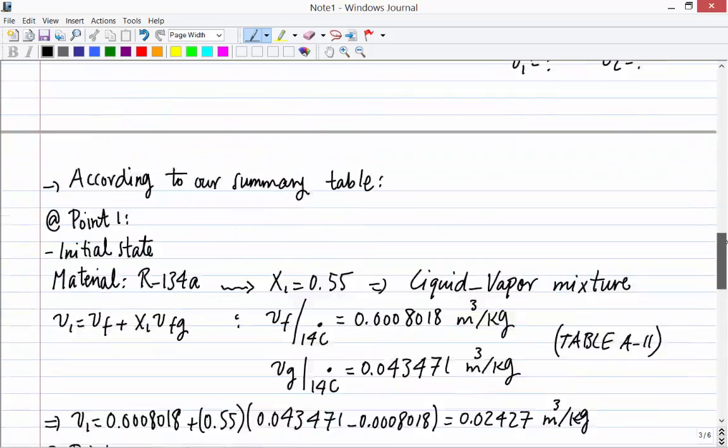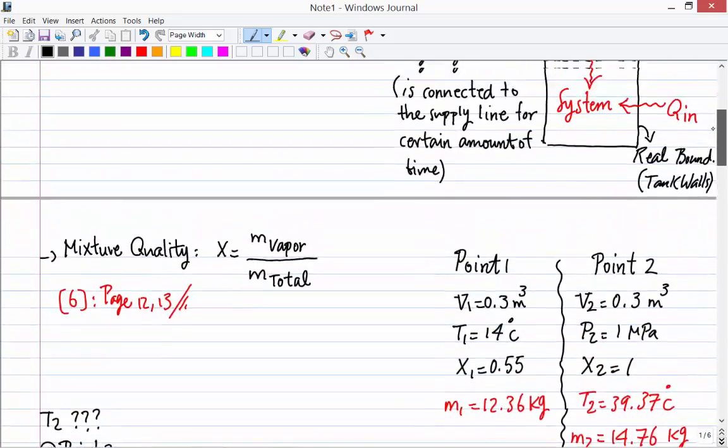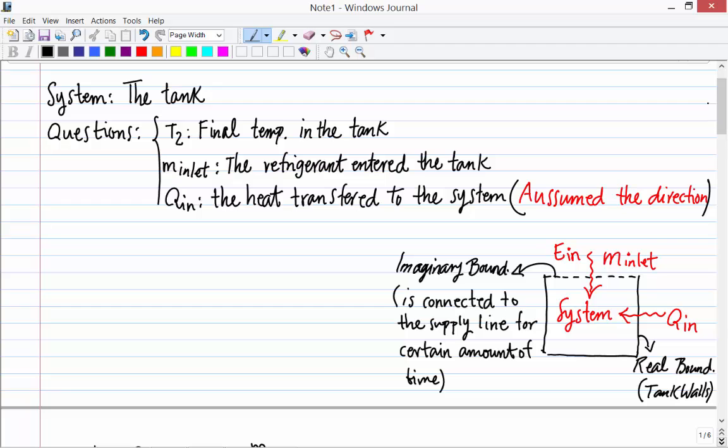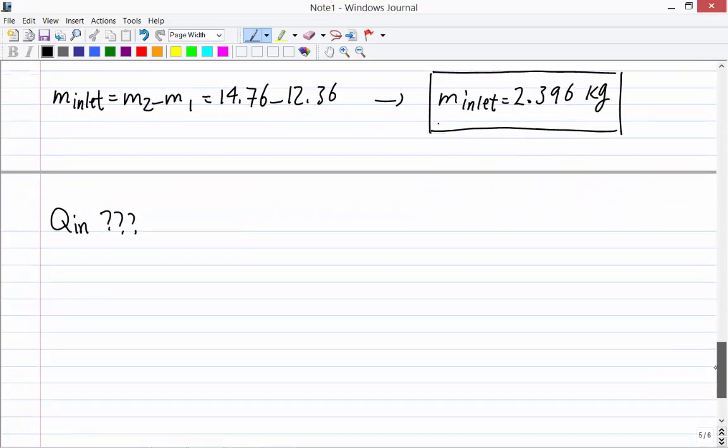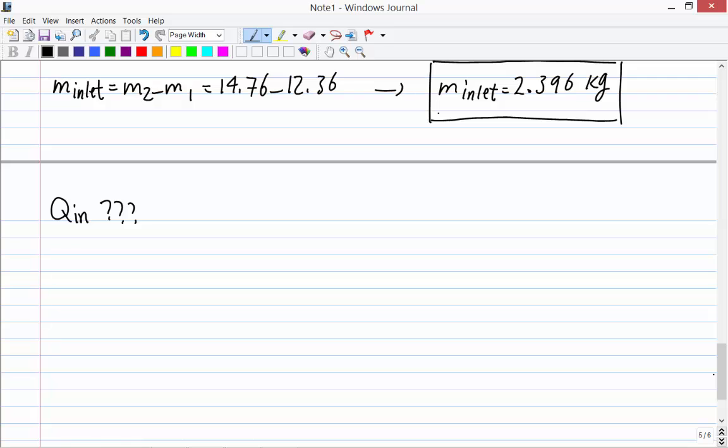Do you remember that I told you in the beginning that although we have an open system which is connected to the supply line through the valve, it's open only for limited time, and therefore we will have two states, initial and final. So it's kind of like a closed system. Initially it's closed, then it's open, but again it's closed.